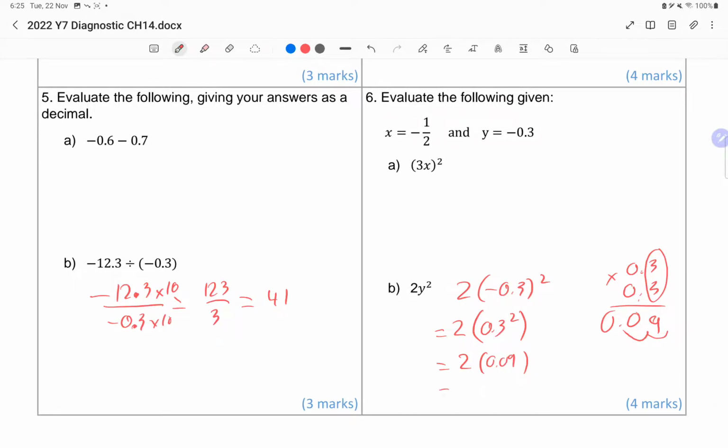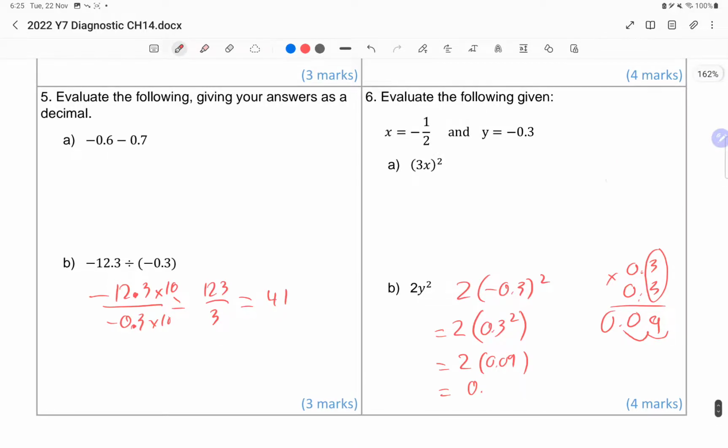And 2 times that is? Easier than you think. When you are multiplying decimal numbers, let's say 0.09 times by 2, you essentially ignore all of the zeros and the decimals, and just do 2 times 9, 18, then add back the decimal.